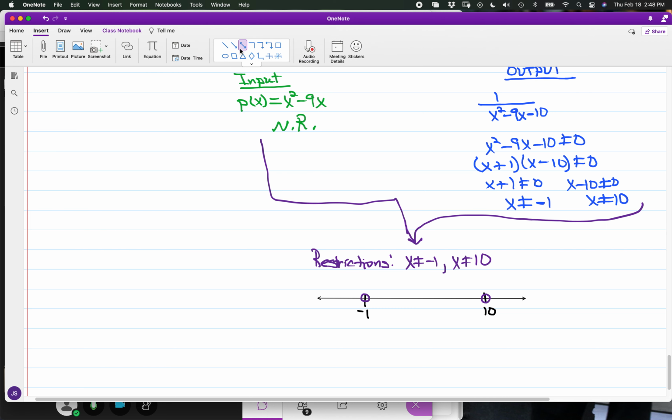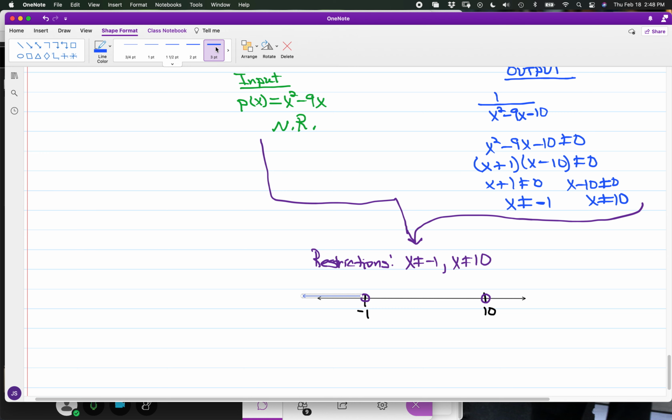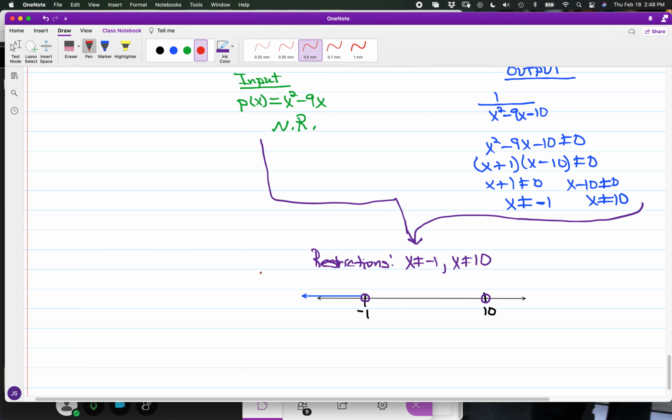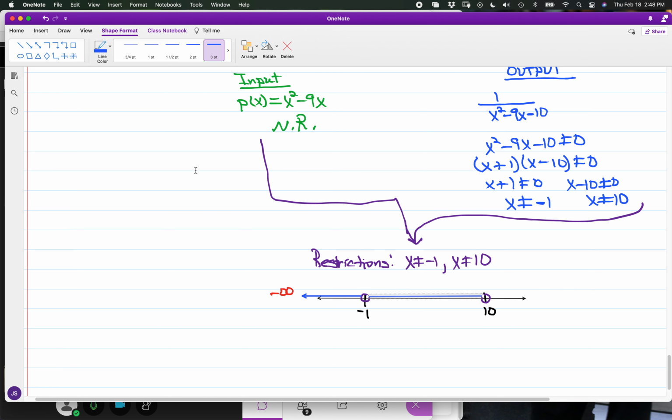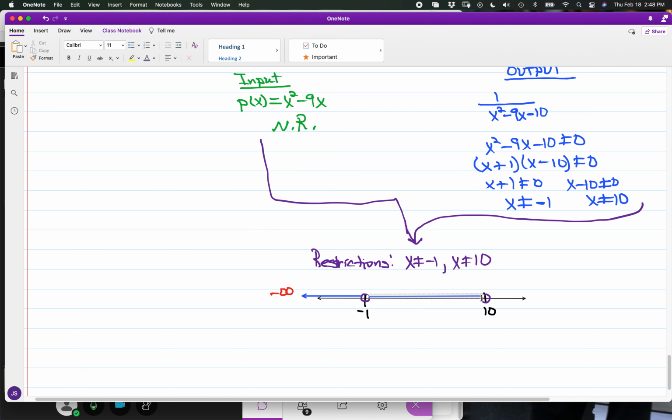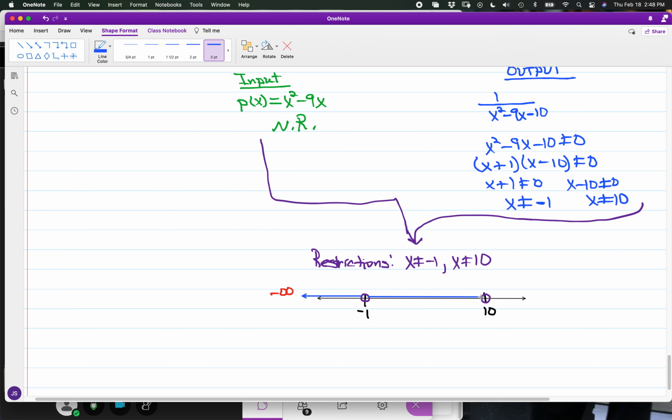And for the activity around these values, we have values of x that are less than negative 1, values of x between negative 1 and 10, but not including either of these values, and then those values of x that are greater than 10.